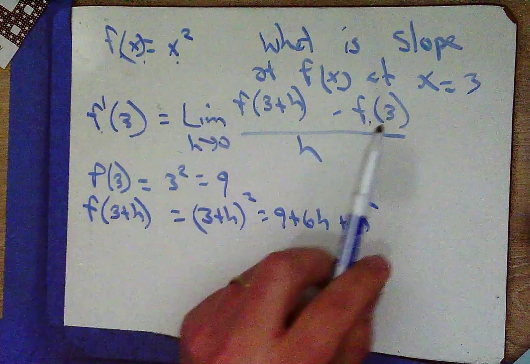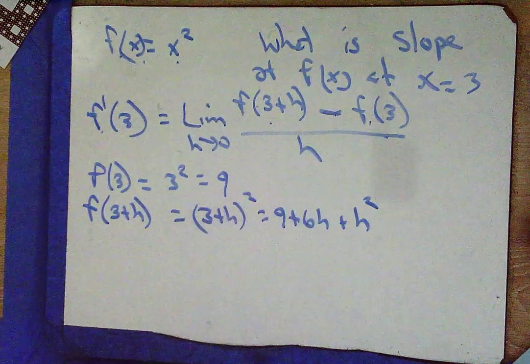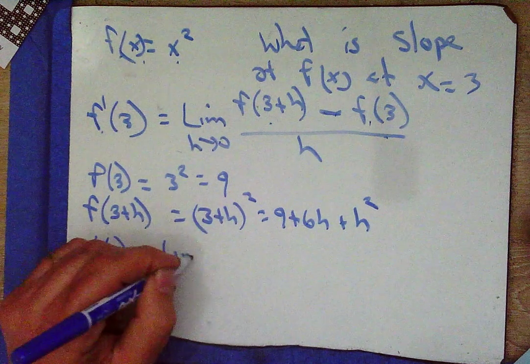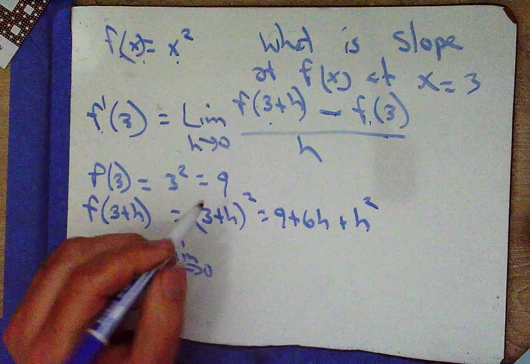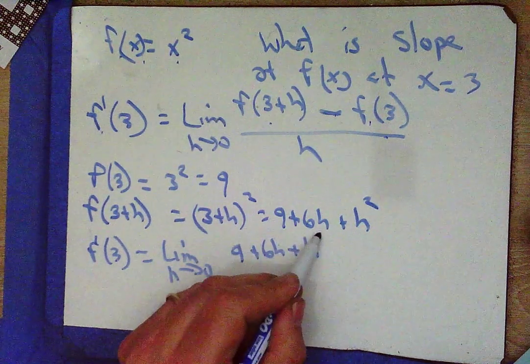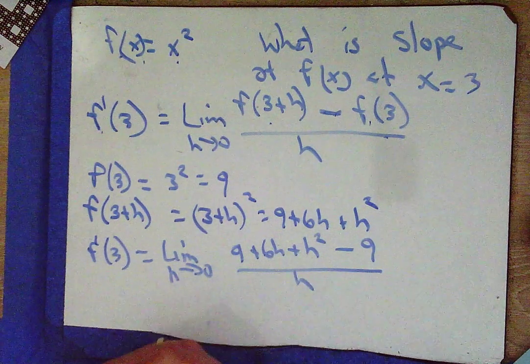Now that I found f of 3 and f of 3 plus h, I have to subtract them. So f prime of 3 equals the limit as h heads to 0 of 9 plus 6h plus h squared minus 9 all over h.